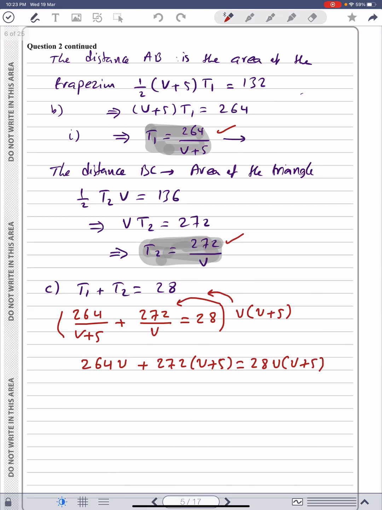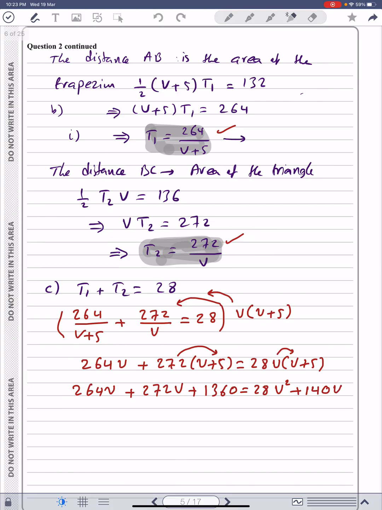By simplifying and expanding the equation, you will get 264V plus 272V, and 272 times 5 is 1,360, equals 28V squared plus 28 times V times 5, 140V.